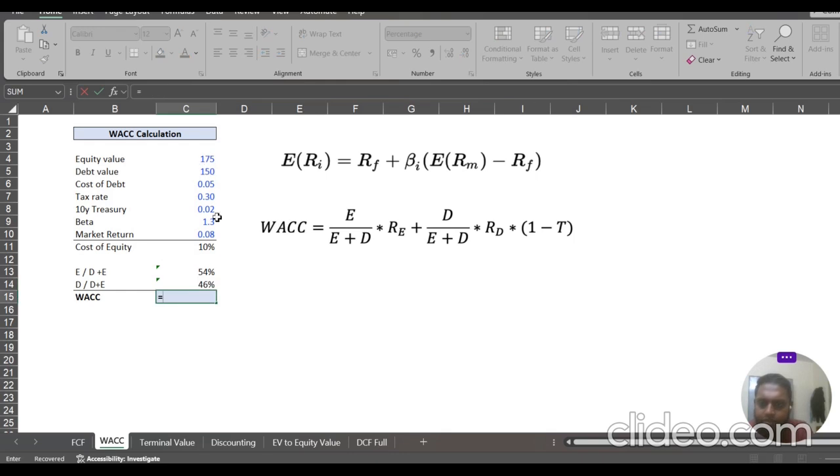Now just this part into RE, which is cost of equity, which has already been found, then plus cost of debt, which is given here, into this part into bracket 1 minus the tax rate. Tax rate is given as this. So this WACC here is 6.9%.